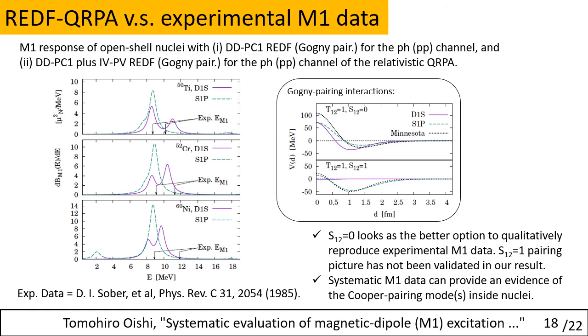Then, by comparing our results with experimental data, we can see that the spin singlet pairing looks like the better option to qualitatively reproduce the experimental M1 distribution, which is really fragmented. On the other side, the spin triplet pairing picture has not been validated in our results. So, from the systematic investigation of magnetic dipole excitations, it can provide evidence of the Cooper pairing mode inside the nuclei.